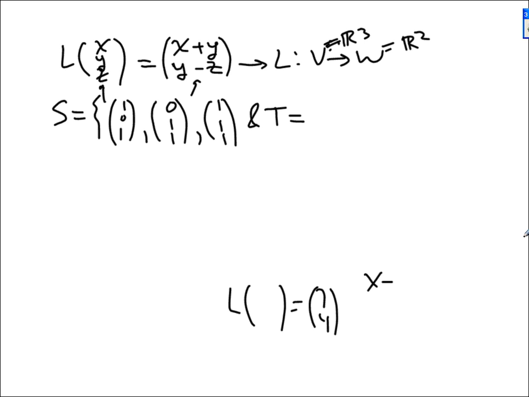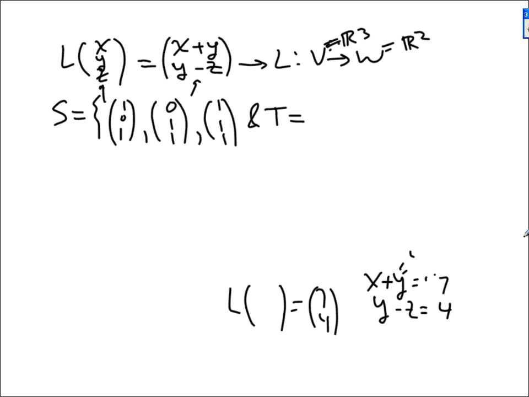Basically, you would want x plus y to be 7, and y minus z to be 4. And you can solve that.